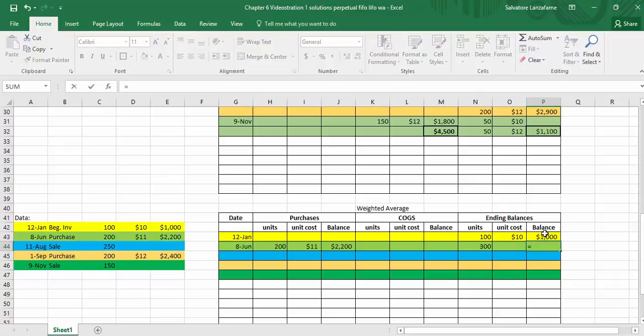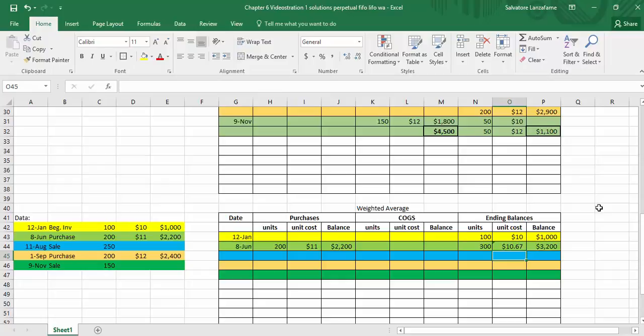I had $1,000 worth of inventory. I'm adding another $2,200 worth of inventory. I now have $3,200 worth of inventory. So to figure out my unit cost, I have to divide 3,200 by 300, and that's going to give me an average price of about $10.67. I'm guessing that's rounded.